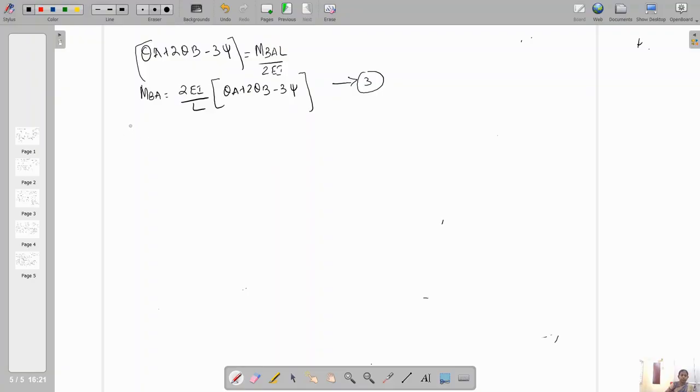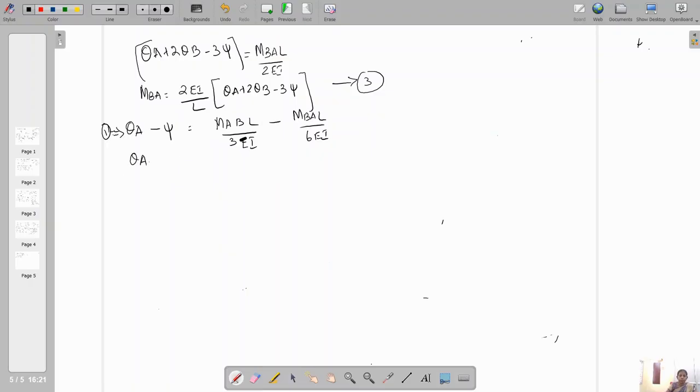And I'm going to substitute it in equation number 1 to get MAB. Theta A minus psi equal to MAB L by 3EI minus MBA L by 6EI. So I'm going to substitute the MBA value in this place.